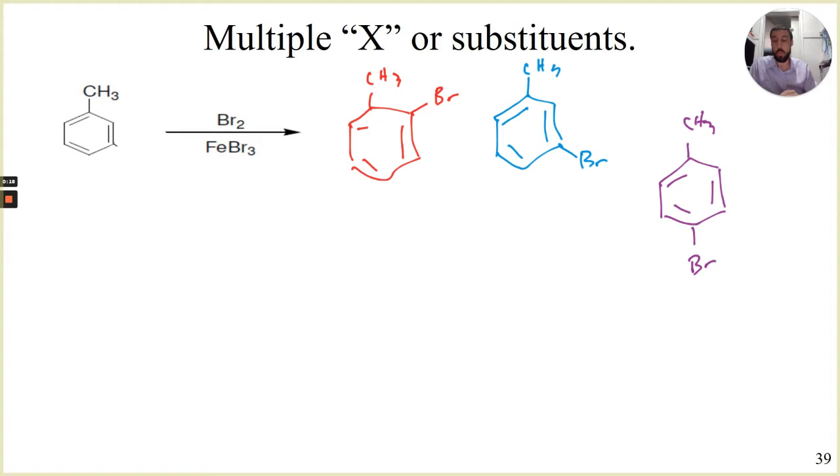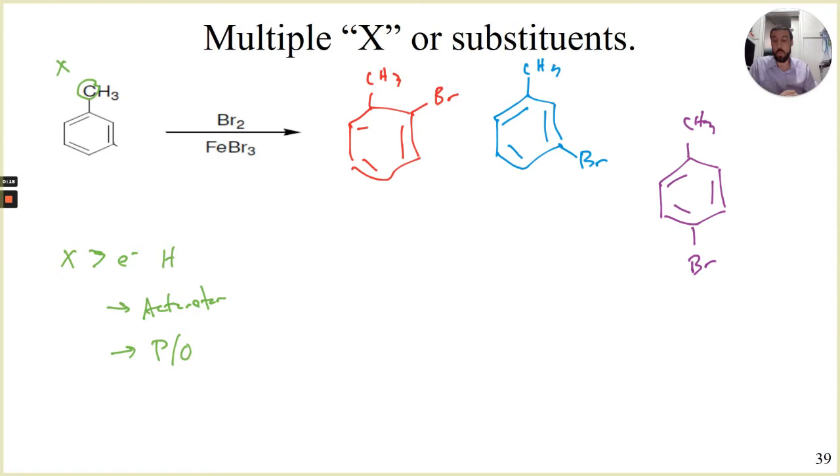An immediate thing we could do, if we spent some time having memorized it, is note that this is our atom X, and that atom X has more electrons than a hydrogen. That means this is an activator, and it should direct, if we've memorized this the way I've suggested, para-ortho.